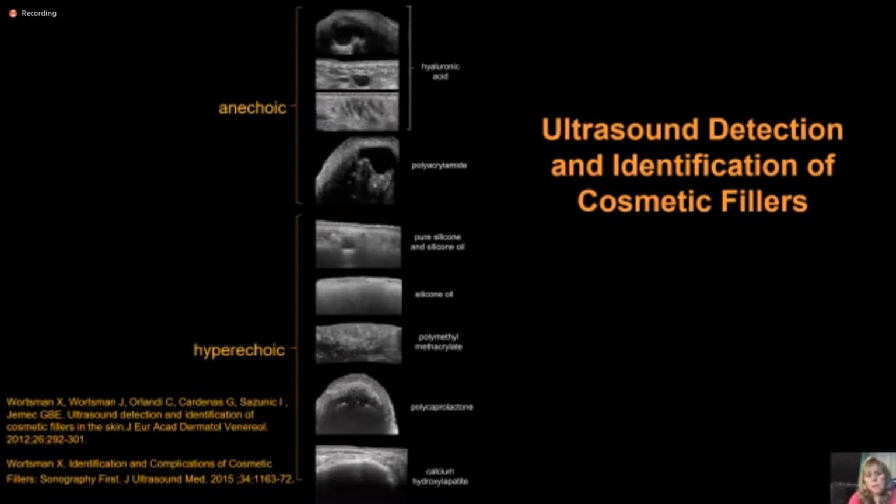They can be divided according to the echogenicity into anechoic and hyperechoic. Examples of anechoic fillers are hyaluronic acid. And examples of hyperechoic fillers are silicone oil and, for example, polymethyl methacrylate or calcium hydroxyapatite.